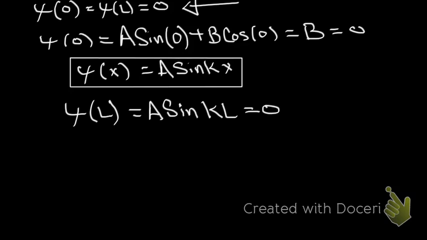So now I can do two things. I can either say that my A is 0 or my sine KL is 0.